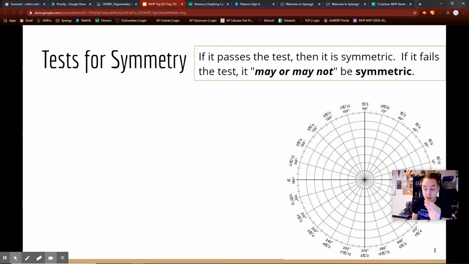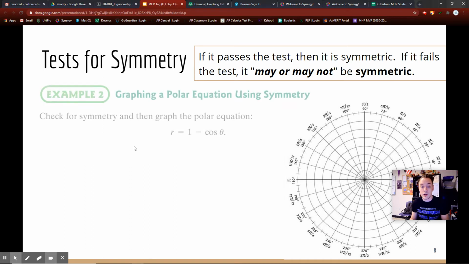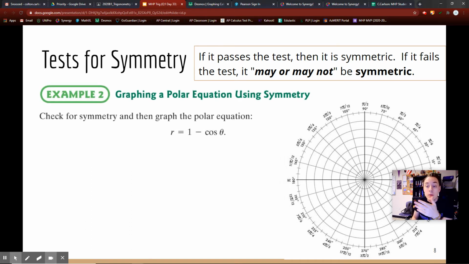It will never, ever say no. You'll never say no because when you go through the test, which Math Excel wants you to actually perform, like what I'm about to show you in this example, what you can only conclude is yes or maybe.